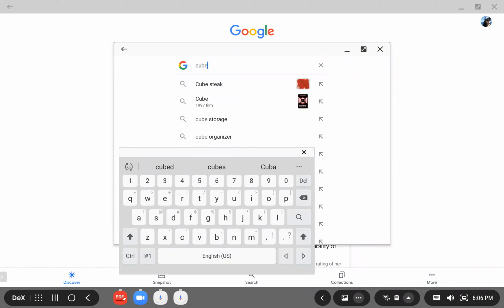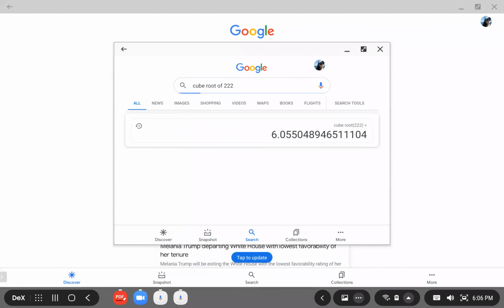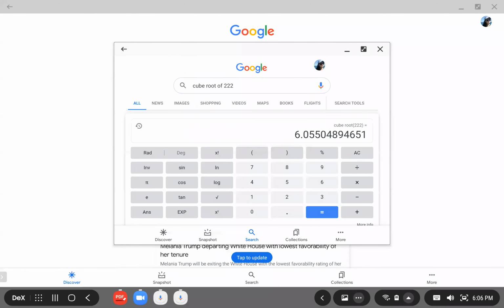Cube root. What is it? Wow. This is sad. Cube root of 222. Okay, it's gonna be, wow. That's a very big number. Okay, so let's continue actually using this calculator. Let's go back.